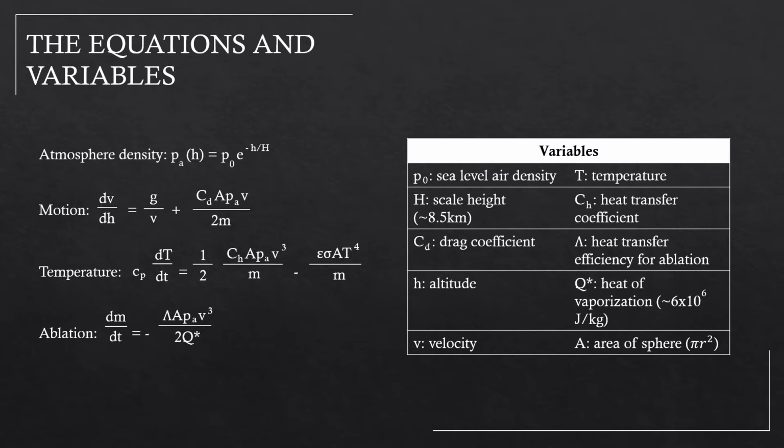Presented here are the equations that we used. The main variables that we used were sea level air density, scale height, which we found to be approximately 8.5 kilometers, the drag coefficient, the altitude, the velocity, the temperature, the heat transfer coefficient, the heat transfer efficiency for ablation, the heat of vaporization, which was found to be approximately 6 times 10 to the 6 joules per kilogram, and then finally the area of a sphere, for which we used the formula pi times radius squared.